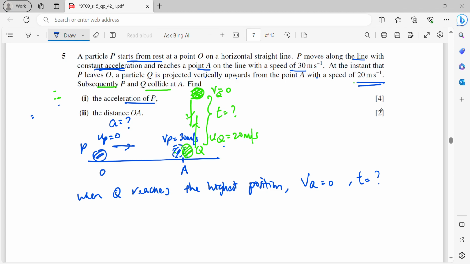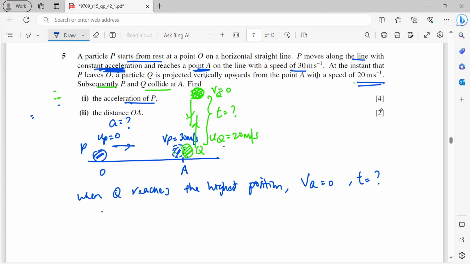Once you have found the time, then I will know the acceleration of P, because it moves with constant acceleration and reaches point A. The time taken for Q to come back to A will be the same as the time for particle P to reach point A.